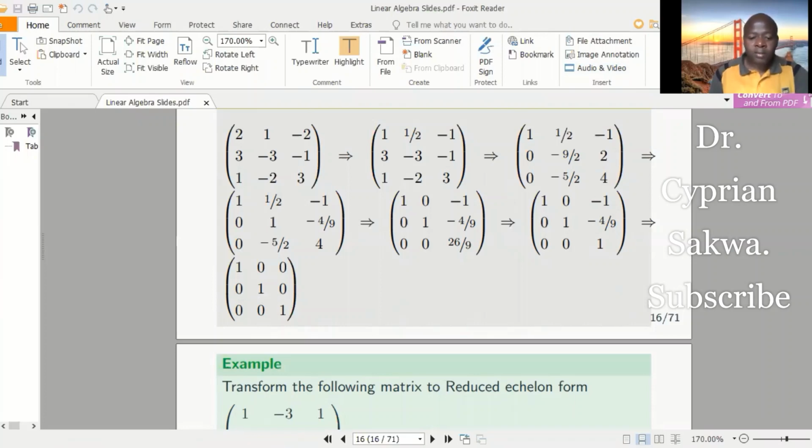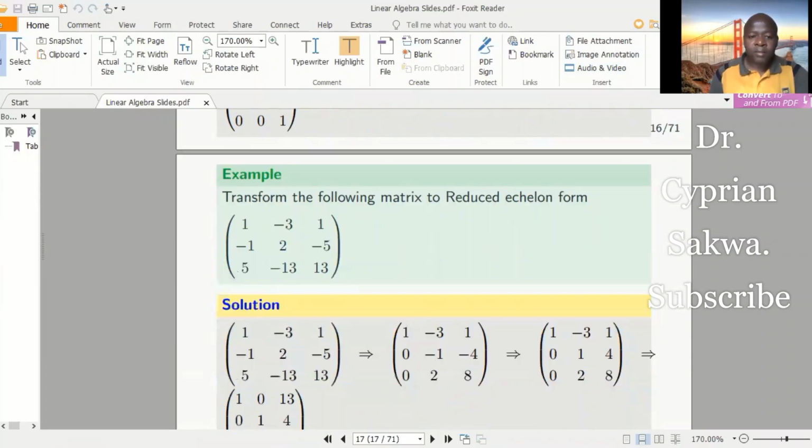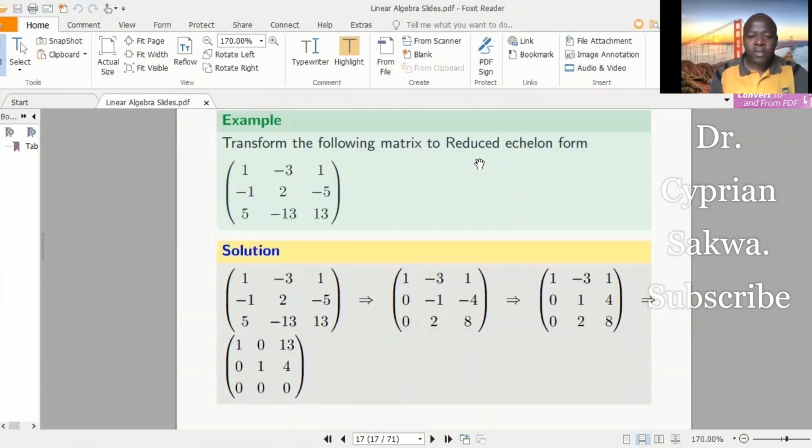Let's look at another example. An example is transform this matrix to reduced echelon form. And so very fast, now that we know the procedure, we want this leading 1. Unfortunately, it's already a 1. If it would have been something different, we would have created a 1 in this position.